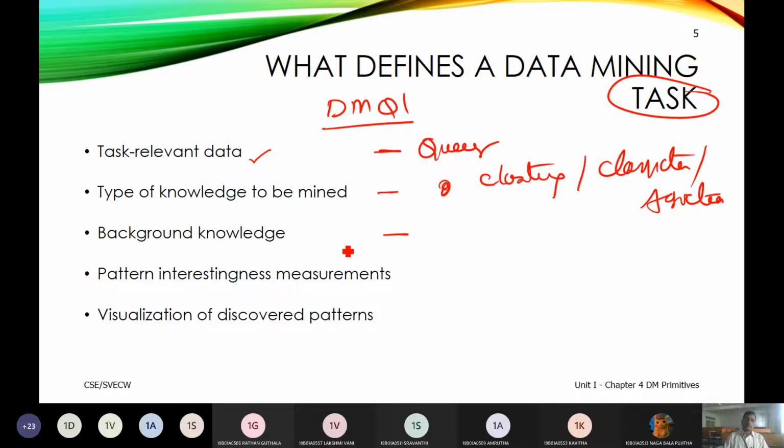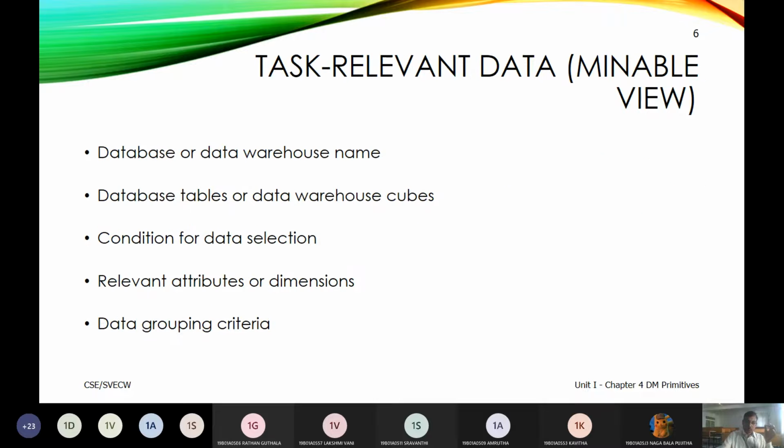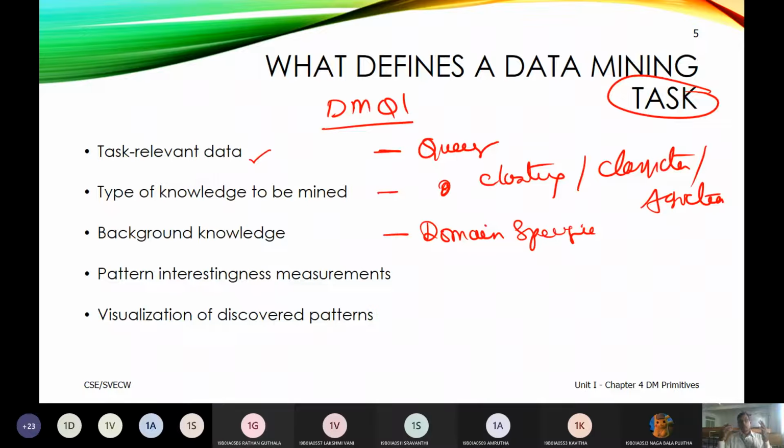Next, we need to have the background knowledge, which is domain specific. Today maybe you are in general academics, but tomorrow you will work for some corporate company that is doing business with a bank. So obviously you should have knowledge of the banking sector: what is a saving, what is a debiting operation, what is a crediting operation, how people check the balance, how people go with term deposits or fixed deposits.